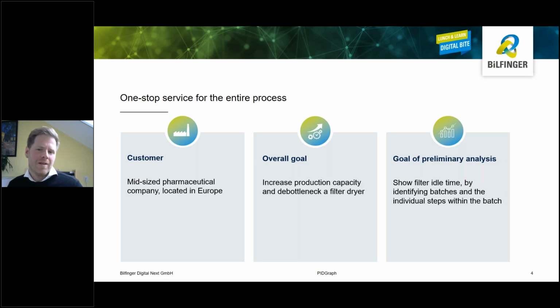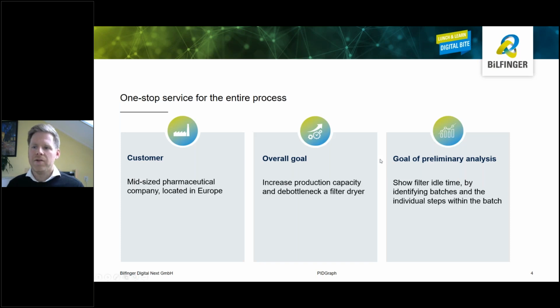And this batch should be identified based on process sensor values. We did have production data available, but the timestamps did not have the right level of detail. So we could not link the production data directly to the sensor data. Also, our contacts at the customer were not able to tell right away the exact characteristics of the batch and individual steps. So what to do?